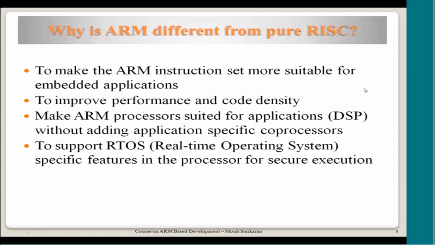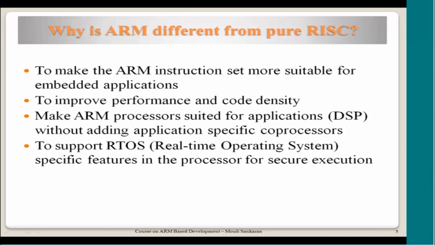One is to make sure that ARM is suitable for embedded applications, because finally ARM has to be used in embedded applications to be successful in the market, and the designers thought about that and took some deviations from the RISC phenomena to incorporate what is needed for embedded applications.